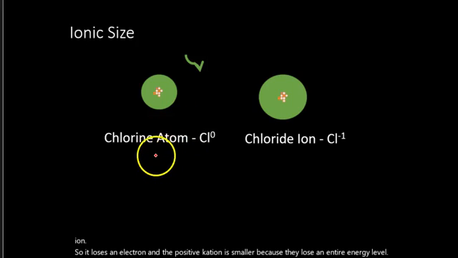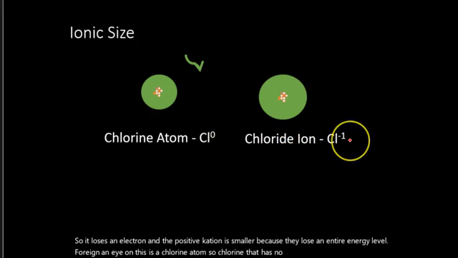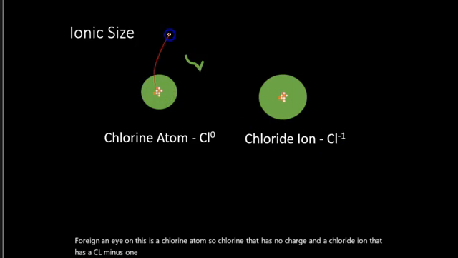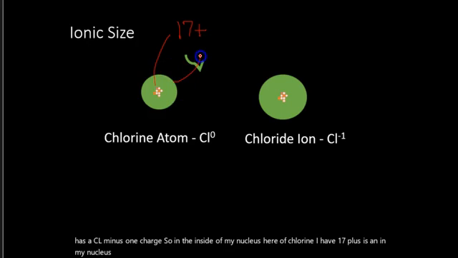For an anion, this is a chlorine atom, so a chlorine that has no charge, and a chloride ion that has a Cl-1 charge. In the nucleus of chlorine, I have 17 pluses, and in my energy levels out here, I have 17 minuses.